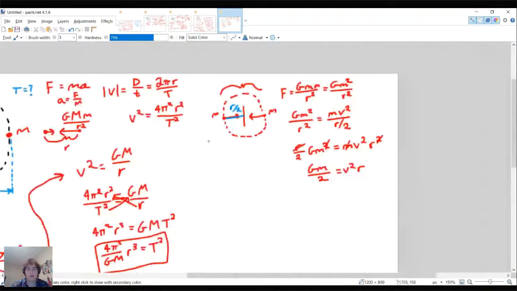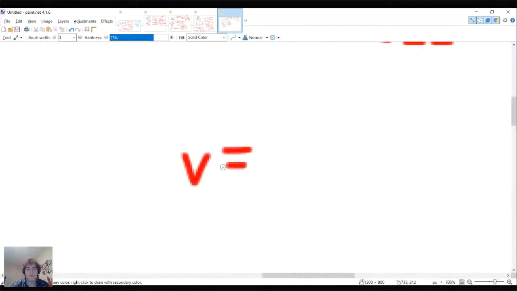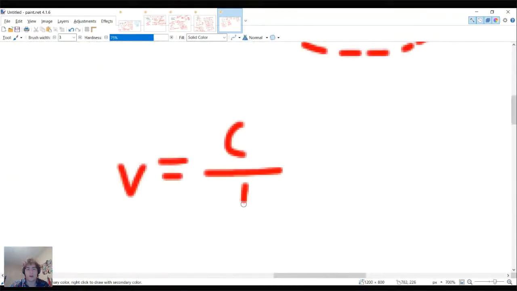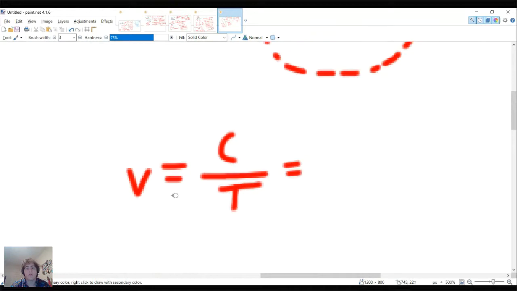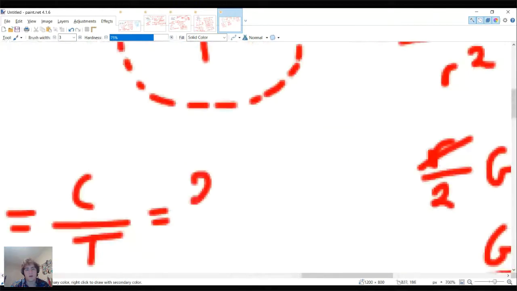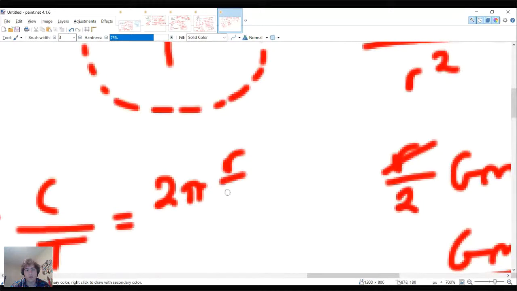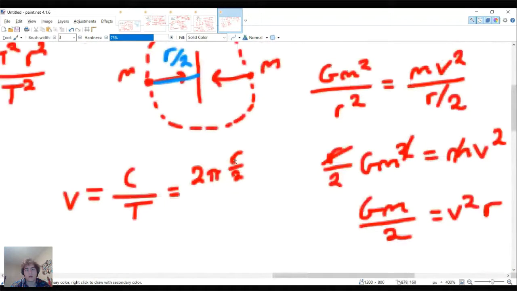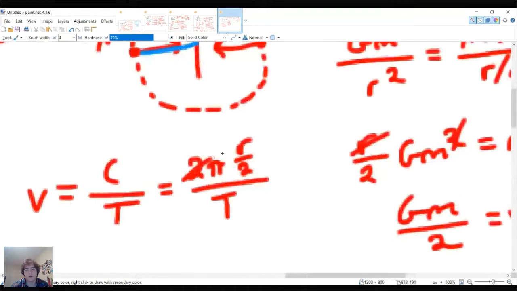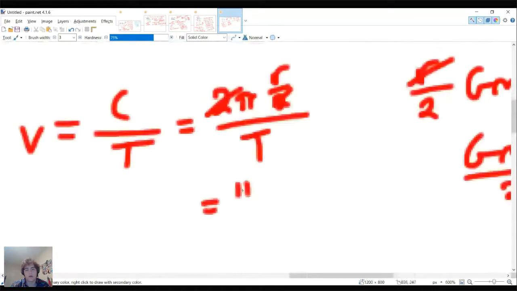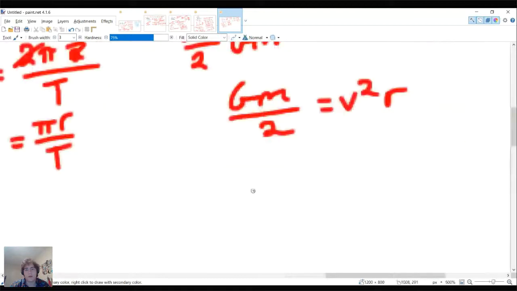When we're thinking V is equal to the circumference over the period, as before, the circumference is now 2 pi times the radius of the circle, which is R over 2. So R is the distance between the two planets, divided by time. And these cancel, so we get pi R over T. Now we substitute that in.